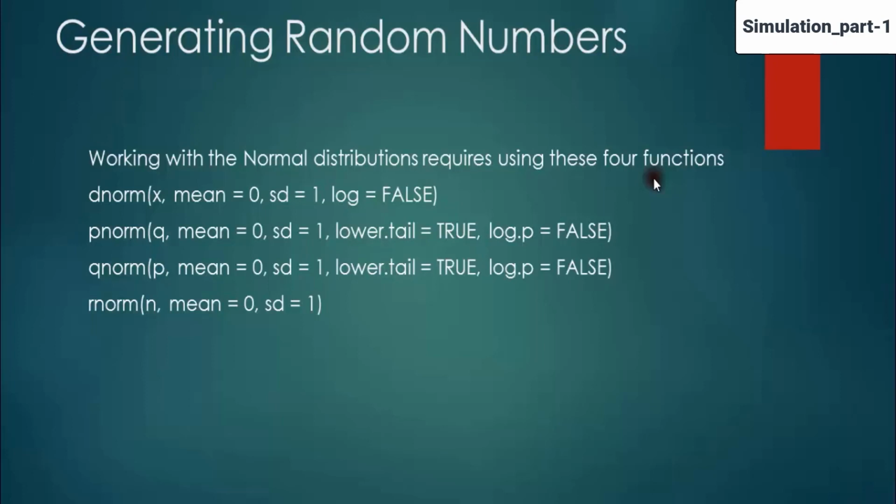In the same way, pnorm of q, mean equal to 0, sd equal to 1, lower.tail equal to TRUE, log.p equal to FALSE. qnorm of p, mean equal to 0, sd equal to 1, lower.tail equal to TRUE, log.p equal to FALSE. And rnorm of n, mean equal to 0, sd equal to 1. So this is how you can work with normal distributions using these 4 functions.